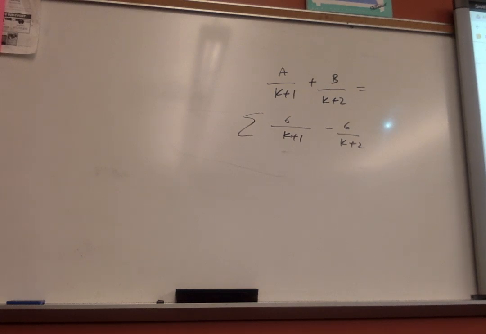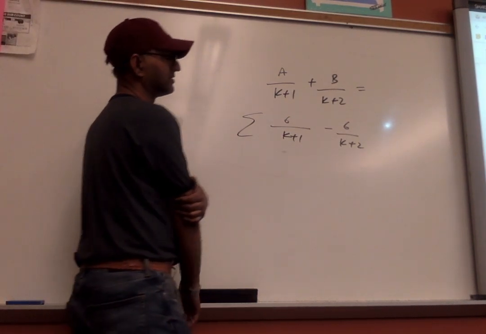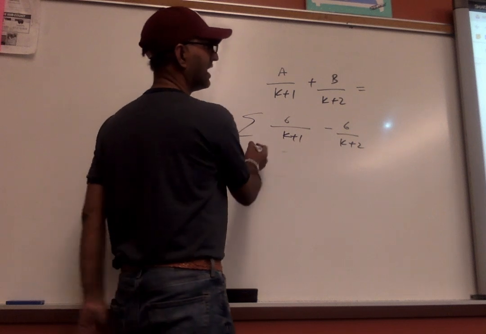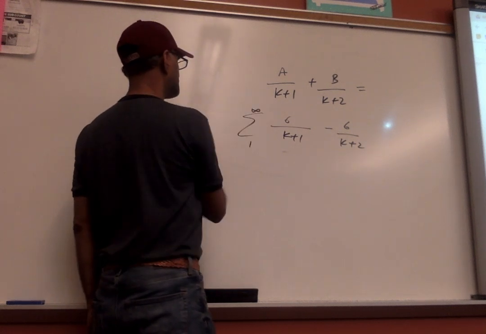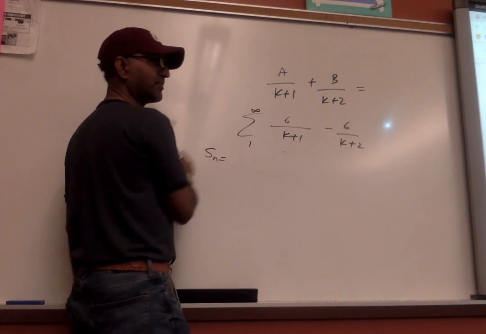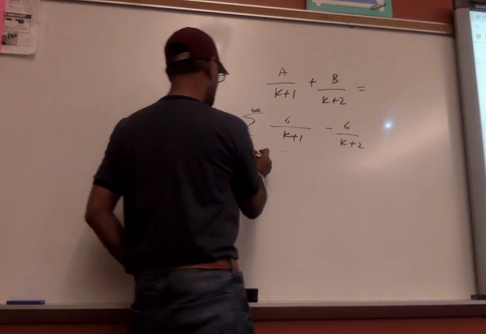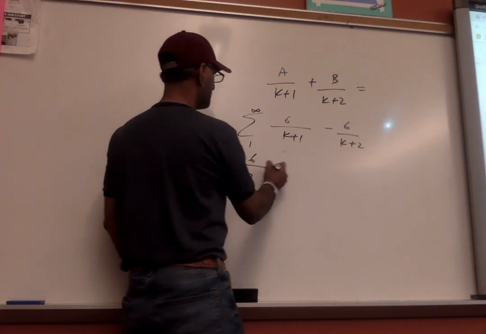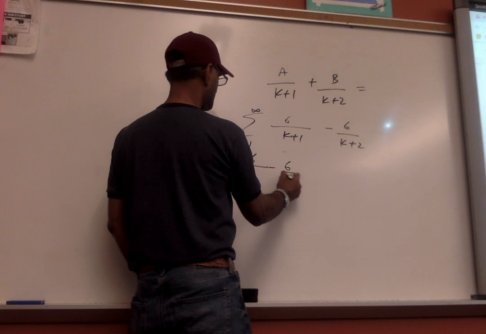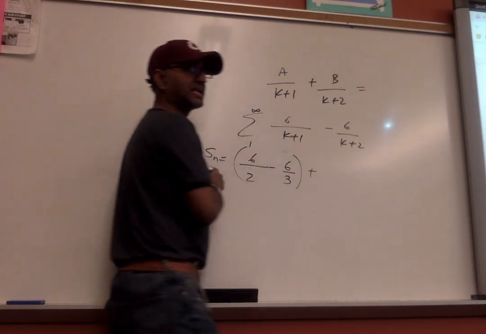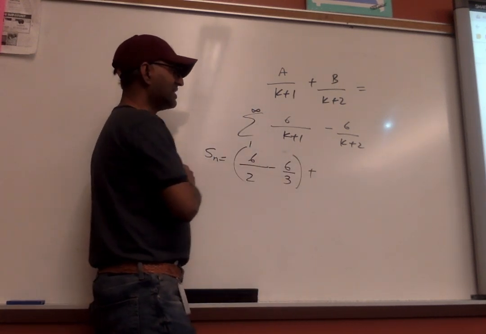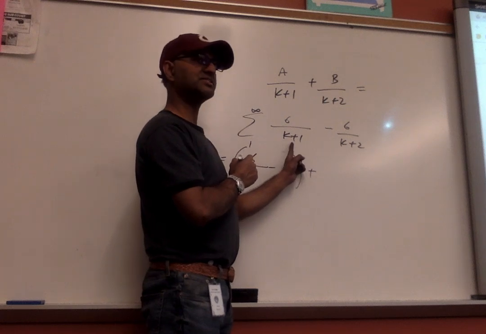We're good? Who remembers what we do next? Plug in a couple of values. It goes from 1 to infinity. So I'll write Sn: 6 over 2 minus 6 over 3, in parentheses. Now smart kids, observe the shortcut. Is this one just one more than that? So I won't waste my time.